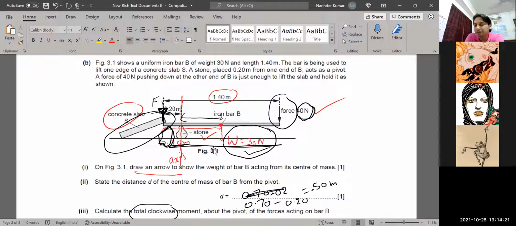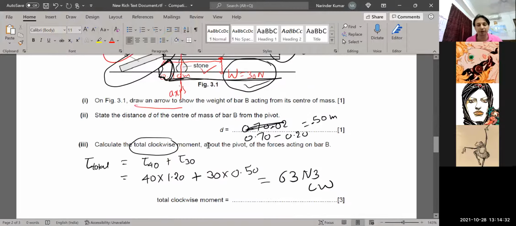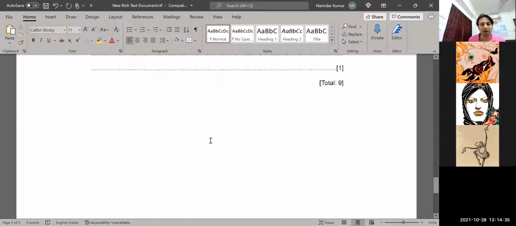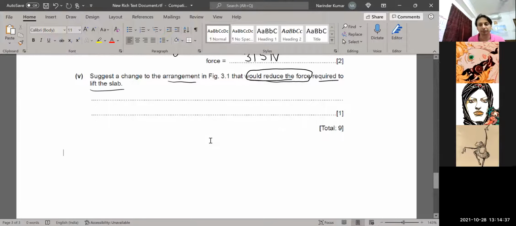The distance of the 40 Newton force will increase as I move the pivot to the left-hand side. Is this clear, children? It's simple, but if you read it carefully, you will find the answer. So you can shift the stone to the left side.